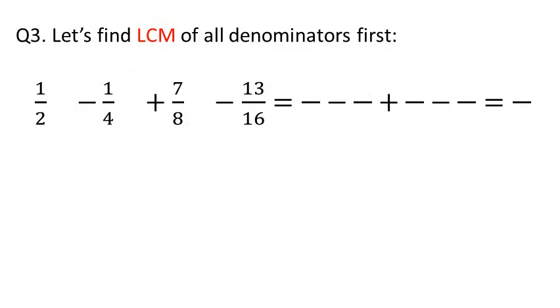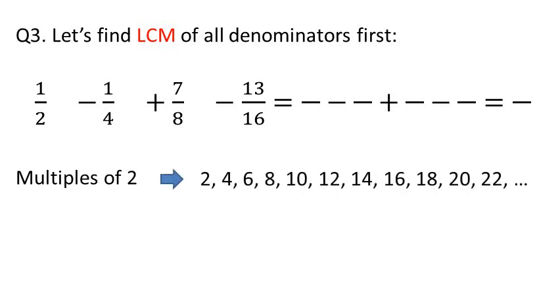1 over 2 minus 1 over 4 plus 7 over 8 minus 13 over 16. Consider finding the lowest common multiple of 2, 4, 8, and 16. Multiples of 2 are 2, 4, 6, 8, 10, 12, 14, 16, 18, 20, 22, and so on.